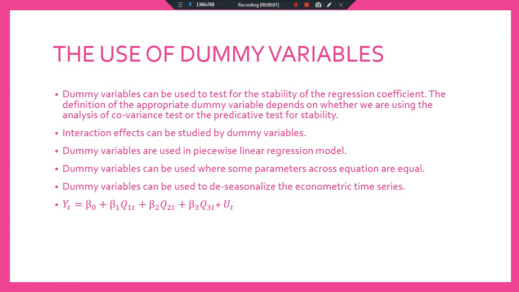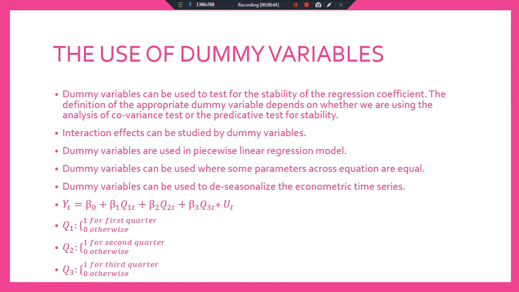If we want to see the impact of quarter 1, we generate a dummy, 1 for the first quarter and 0 otherwise. We put a 1 here and 0 here and here, then we get the effect of the first quarter. And if we want to see the effect of the second quarter, then 1 for the second quarter and 0 otherwise, and we put a 0 here and 0 here, and then we get the effect of the second quarter.